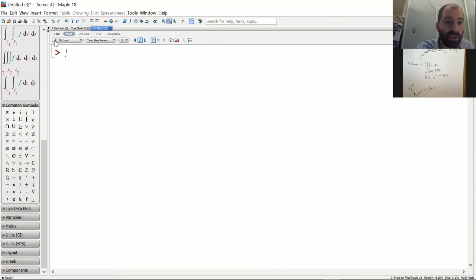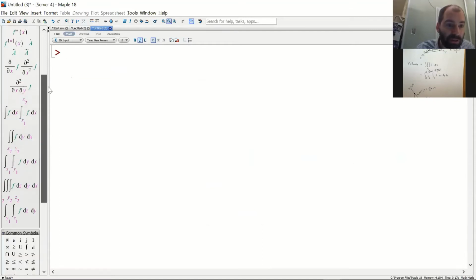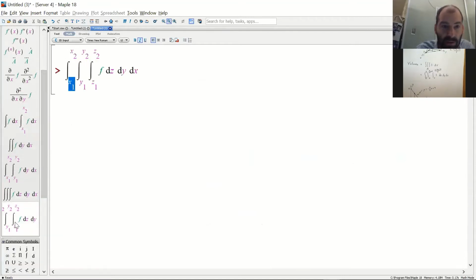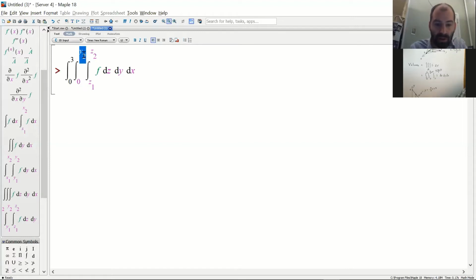Okay, so what was the integral we were doing? Well, we were doing a triple integral, so I'll just grab the triple integral with bounds over here. Oh, am I sharing my screen? Yeah, okay. Oh good, it's even set up in the order that I set it up in. How nice. I lucked out there. The x went from 0 to 3. The y went from 0 to negative 4/3 x plus 4.